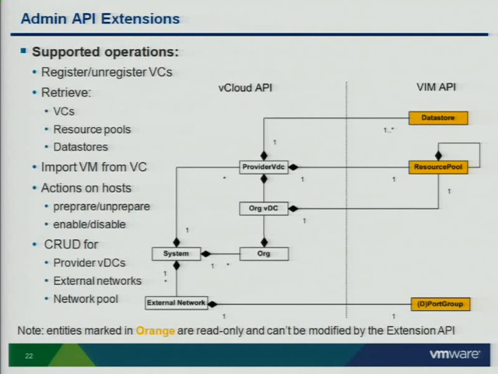When you create an org VDC from a provider VDC, basically this is a sub-resource pool of the resource pool that provider VDC is using. Similar to that, external networks are basically port groups in the Vim API.